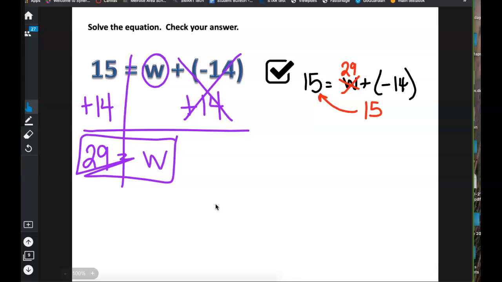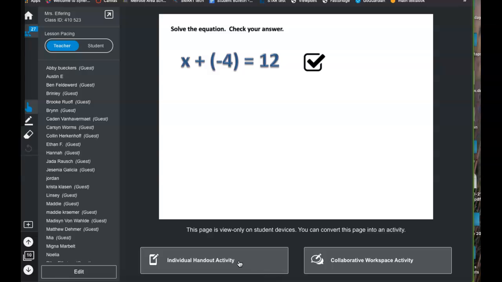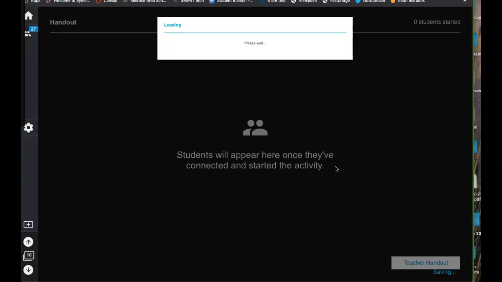Okay. All right, so I want you guys to try this one, and now you have to show all of your work on the Hello Smart screen. So you guys are going to write on your screen with your finger and show all the work to this problem. So hit start as soon as it allows you to.